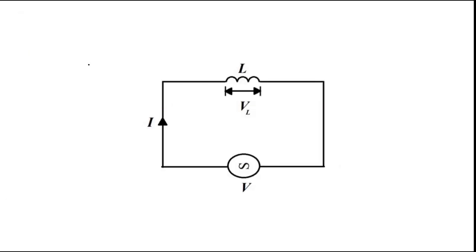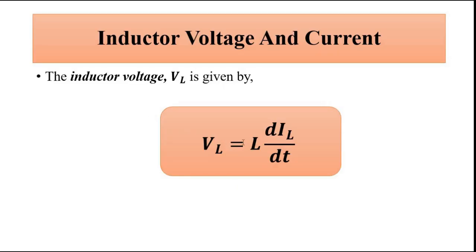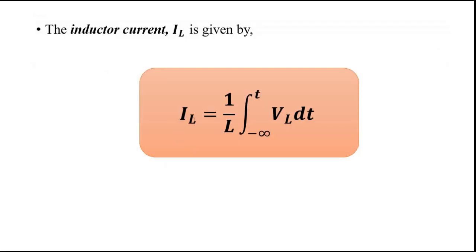The inductor current can be expressed as IL is equal to 1 by L integral from minus infinity to t of VL dt. Similar to the capacitor voltage and current expressions, minus infinity to t takes into account the switching time, the transient analysis.